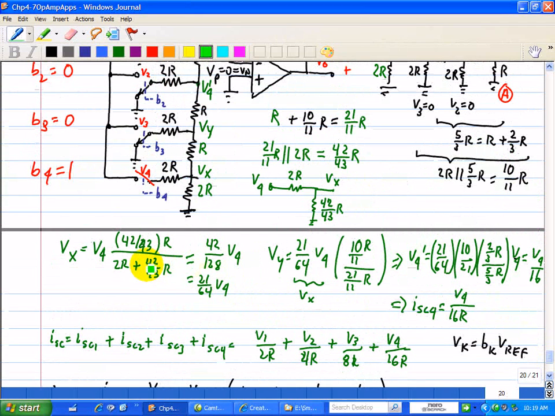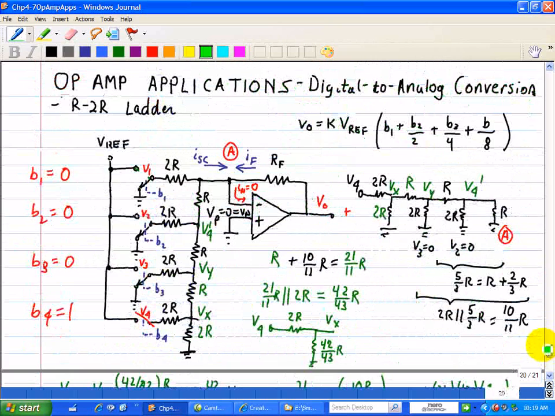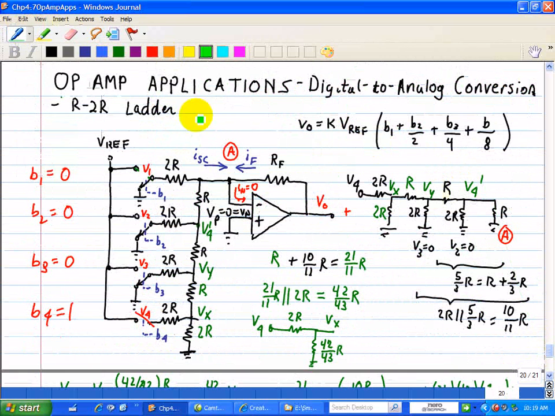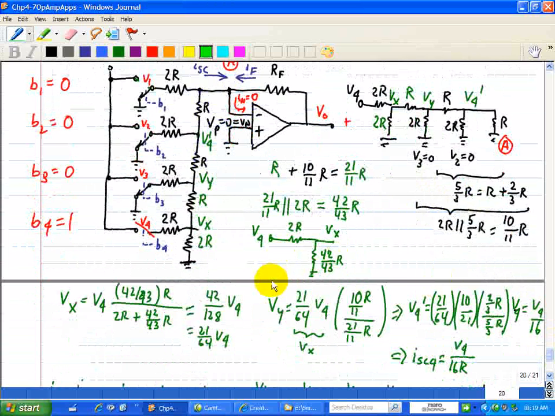Now Vx can be used to calculate Vy shown here, because that's our voltage divider input for Vy right here. And we can use that as an input to do a voltage divider. So Vy would be 21/64 V4.